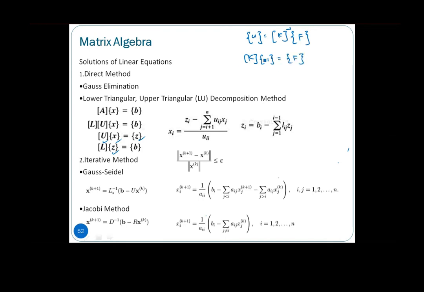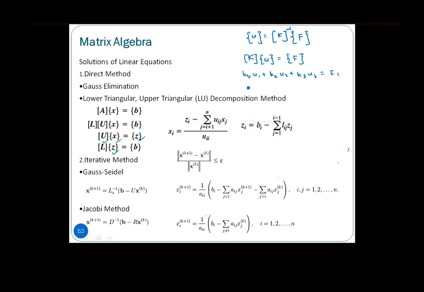A lot of the time, basically, you have K1 U1 plus K2 U2 plus K3 U3 equals F1.